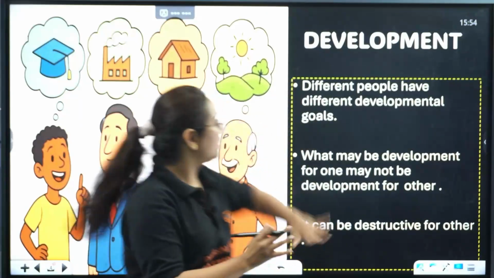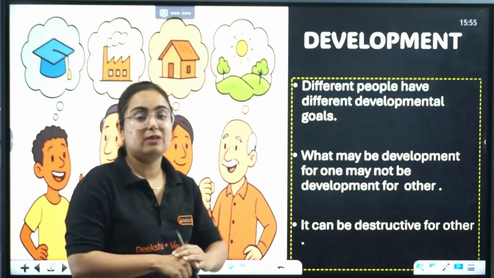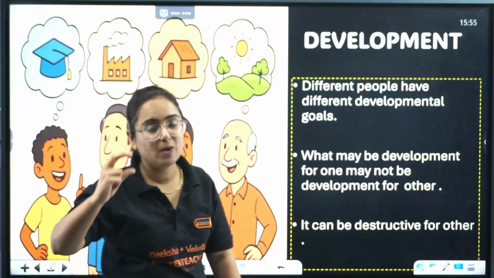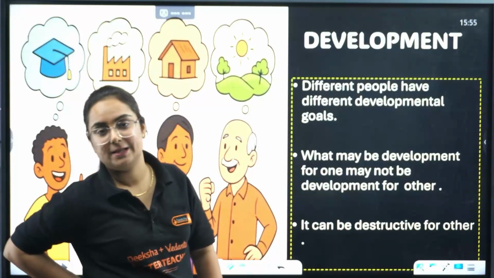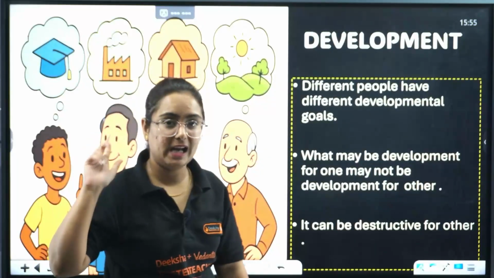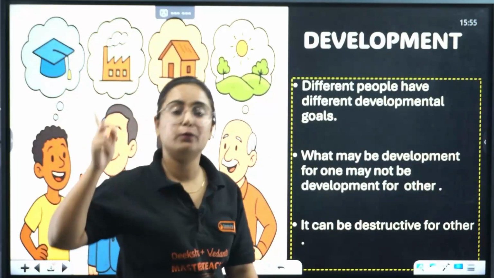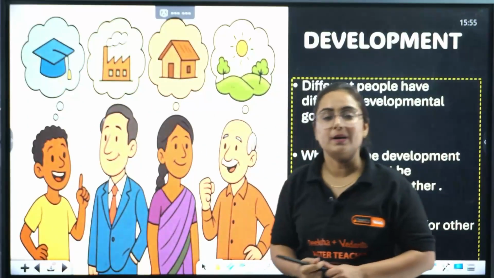If the question comes, explain why different people have different developmental goals, you can give the 2 examples as I mentioned, that's written in NCERT. Always choose the example from NCERT. If you want good marks, if you want your marks not to be deducted, always choose the examples from NCERT.